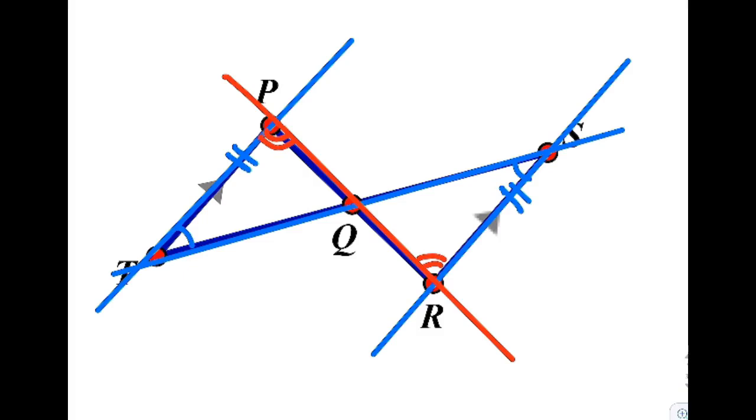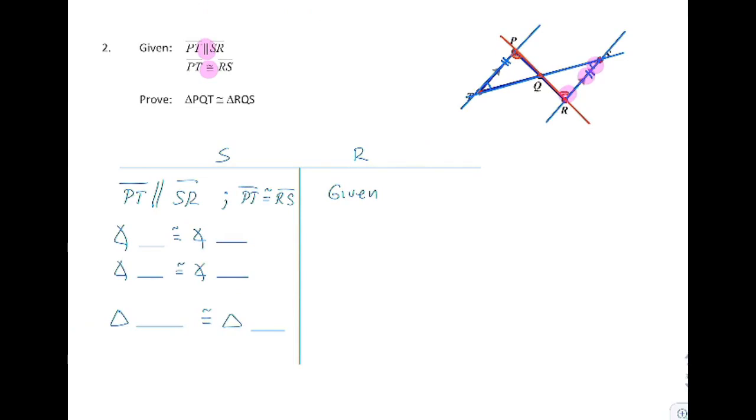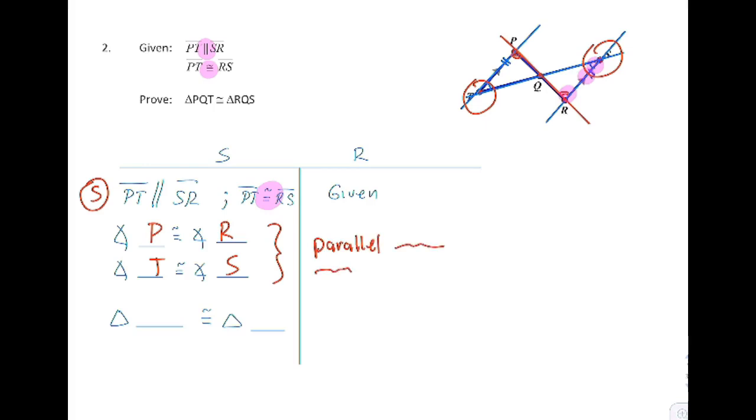This time I have boom, boom, boom, but we're not even there yet. So we have one congruence already in the given, a pair of sides, and then because the lines were parallel, angle P and angle R are congruent, and angle T and angle S are congruent because parallel lines form congruent alternate interior angles.